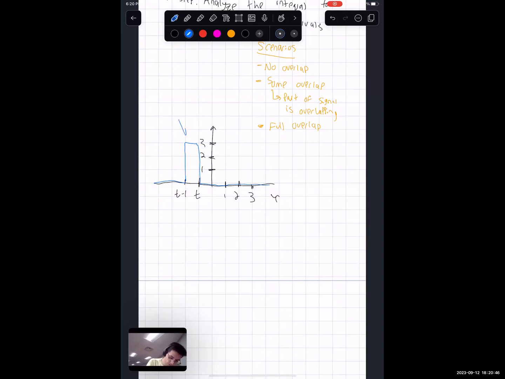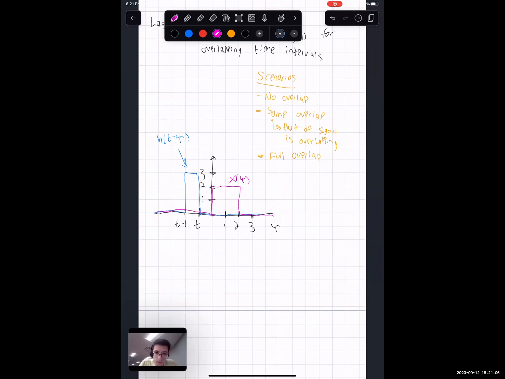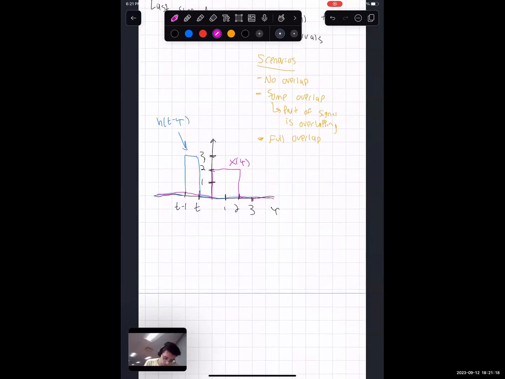So this is going to be our h of t minus tau at 3, and here is our initial x of tau. Here are some possible scenarios I've listed. Which one of these would you classify this situation in? Right now we've shifted h of t minus tau so far to the left that everywhere that x of tau is non-zero, h of t minus tau is 0.